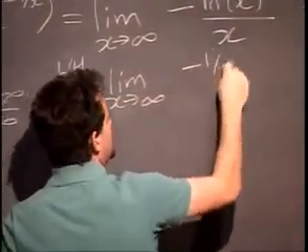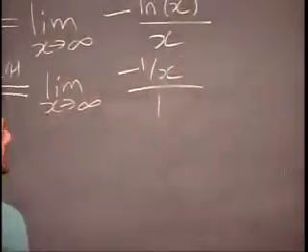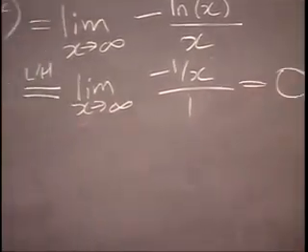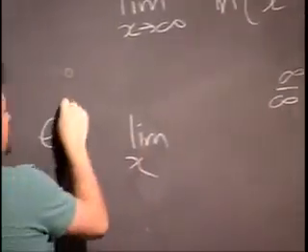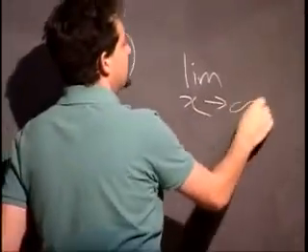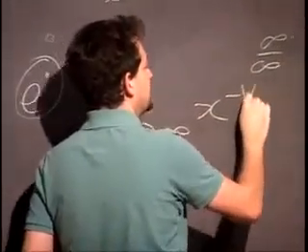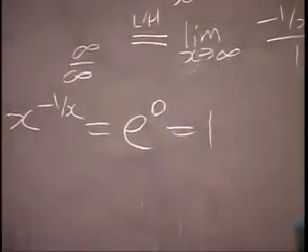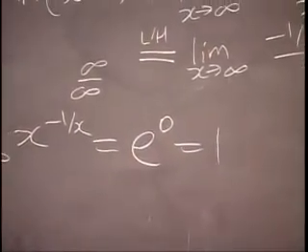And you get minus 1 over x over 1. That limit is 0. So this immediately proves that after taking e to both sides, the limit as x goes to infinity of x to the minus 1 over x is e to the 0, which is 1, once again. All right, so here's the deal.